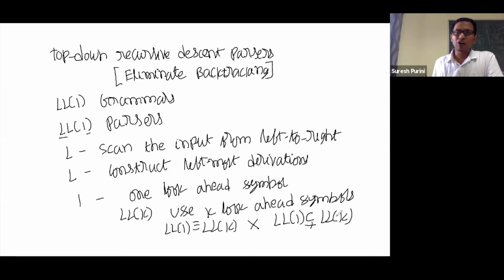That is, there are context-free languages for which you can construct grammars which are amenable for backtrack-free top-down parsing by using K lookahead symbols, but it is not possible to construct grammars which are amenable for backtrack-free parsing using only one symbol lookahead. So in this class, we will just focus our attention on LL1 parsing.